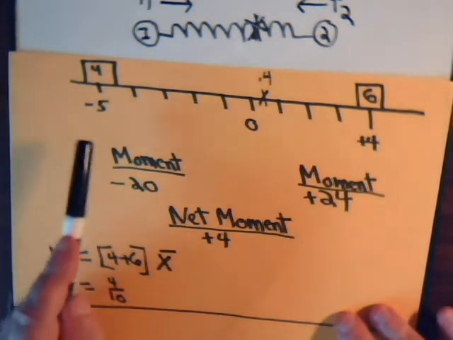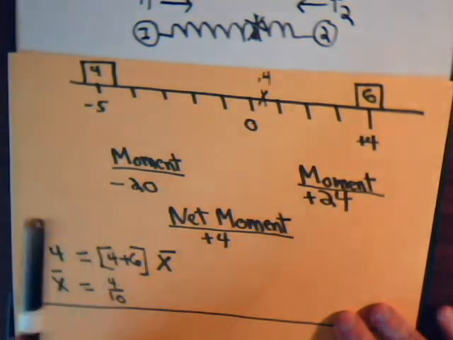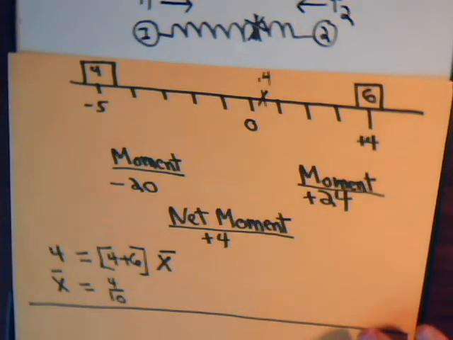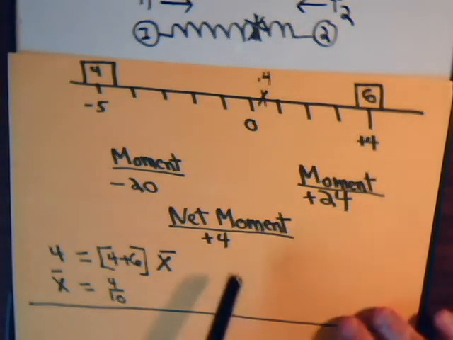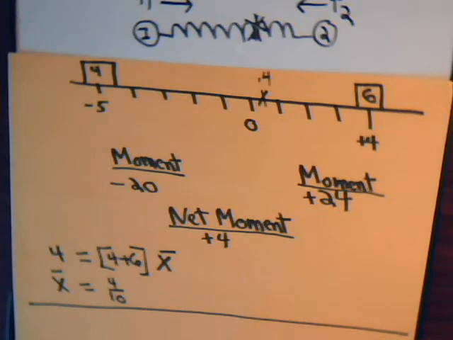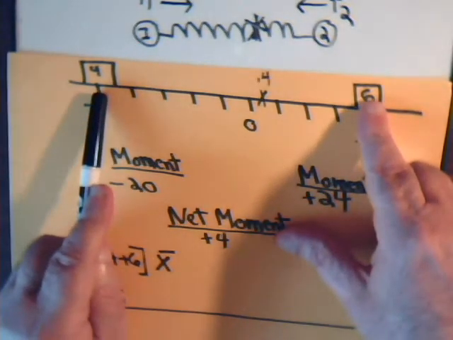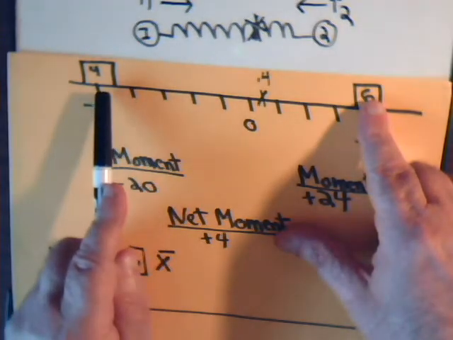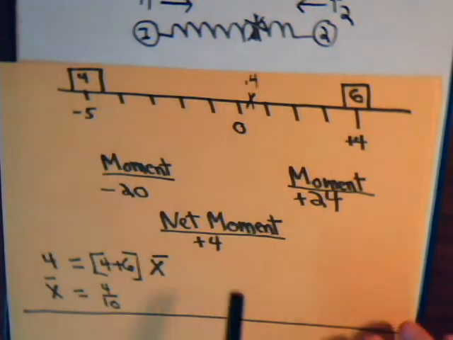So the moment of this block would be minus 20, and the moment of this block would be plus 24. Our system has a net moment of plus 4. Now, if we combine the mass of these blocks into a single object, where would we place that single object so it would still have a net moment of plus 4?